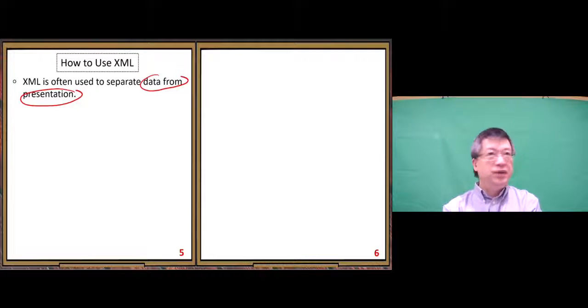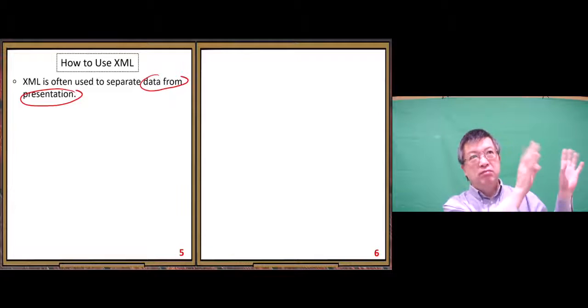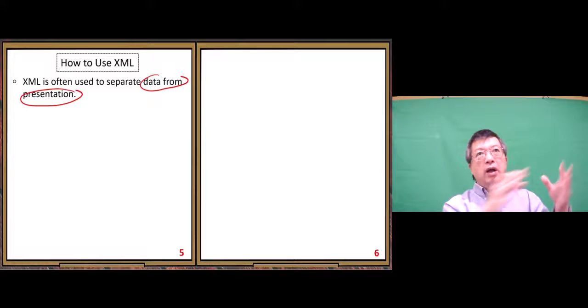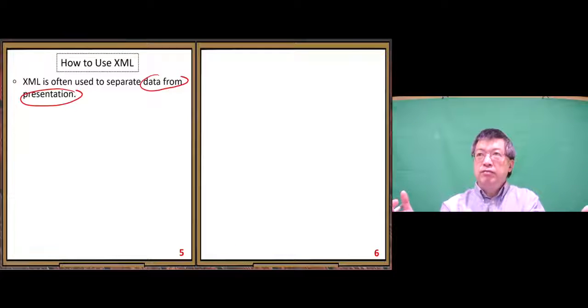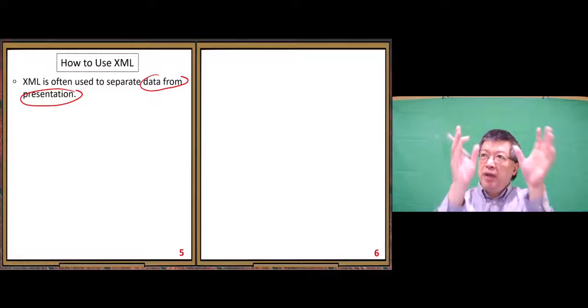How to present your data is the job of the application tools. The XML data itself does not need to know how you want to present it, or try to address that. It just focuses on describing the data content.